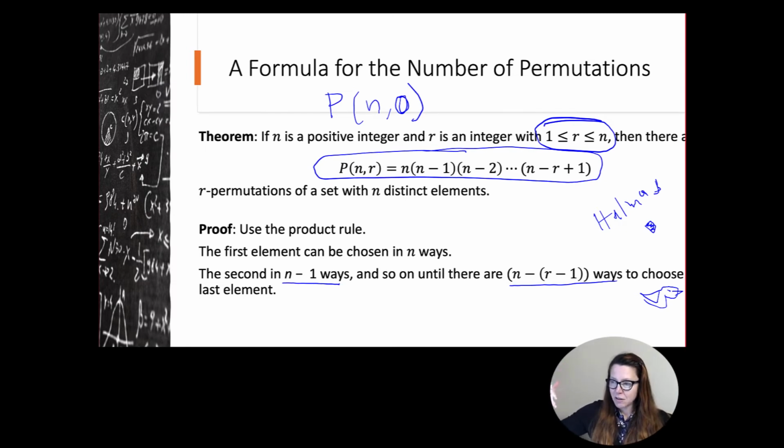What does P(n, 0) mean? Yeah, Adam, how many ways can I choose the empty set? How many 0 permutations are there? The 0 permutation. Yeah, the 0 permutation. Which is like saying, how do I pick the empty set?